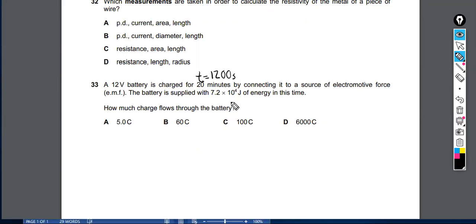We'll call this E. We'll call this V. And we're asked to solve for Q, charge Q, measured in coulombs.